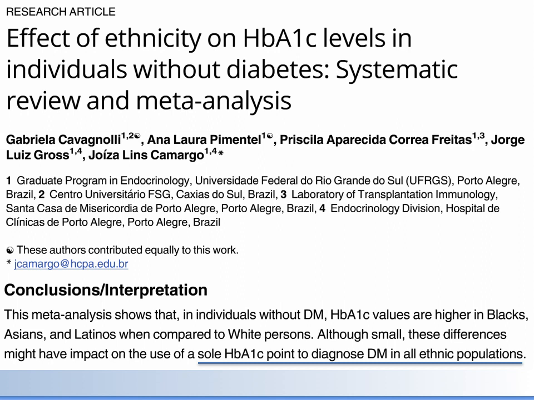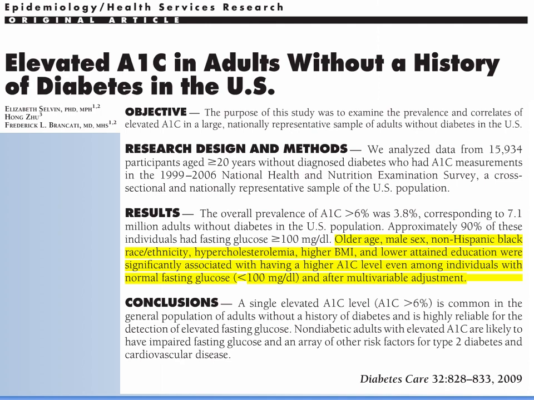And if we use the same set point to diagnose all cases of diabetes across all ethnicities, it might actually be contributing to disparities in our health outcomes. So in this particular study, it was shown that older males, non-Hispanic blacks, and those with higher BMI as well as lower education had higher A1c levels after controlling for other covariates.